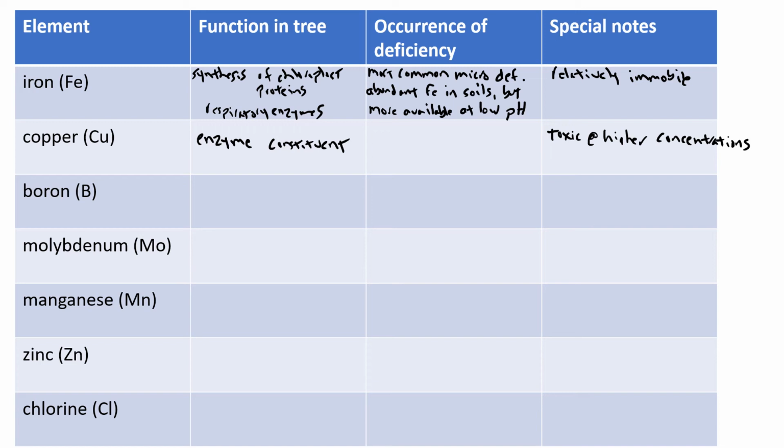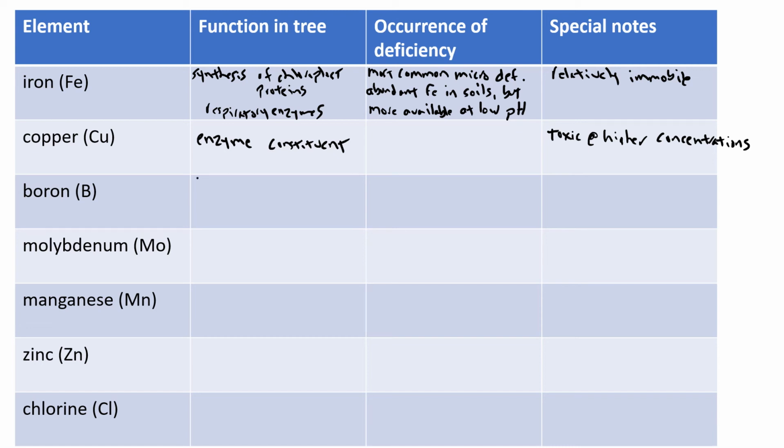One way to think about that is that the zone of luxury consumption for copper is relatively narrow. So you may cross that zone of nutrient limitation for copper and move into luxury consumption, but if you add just a little bit more copper, it can become toxic. So that zone of luxury consumption is pretty narrow for copper. And that's even more so for boron, and we'll talk about that in a minute.